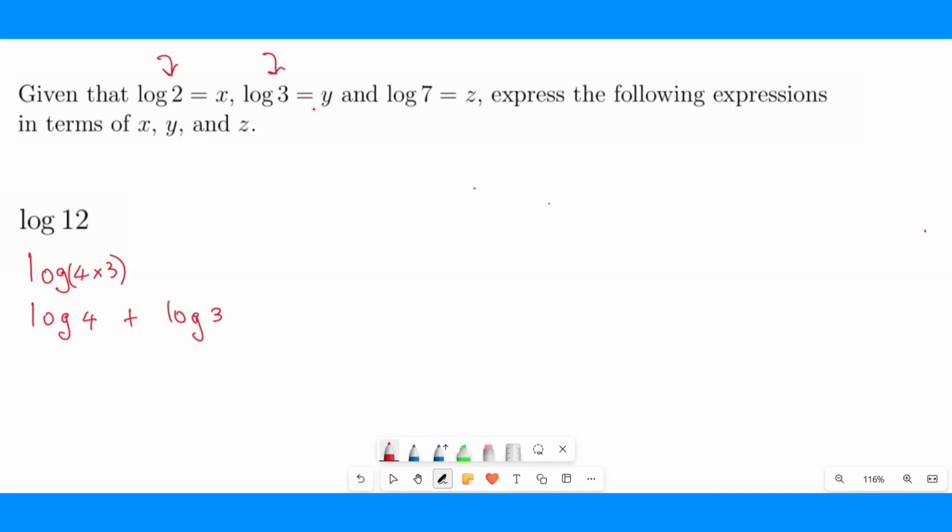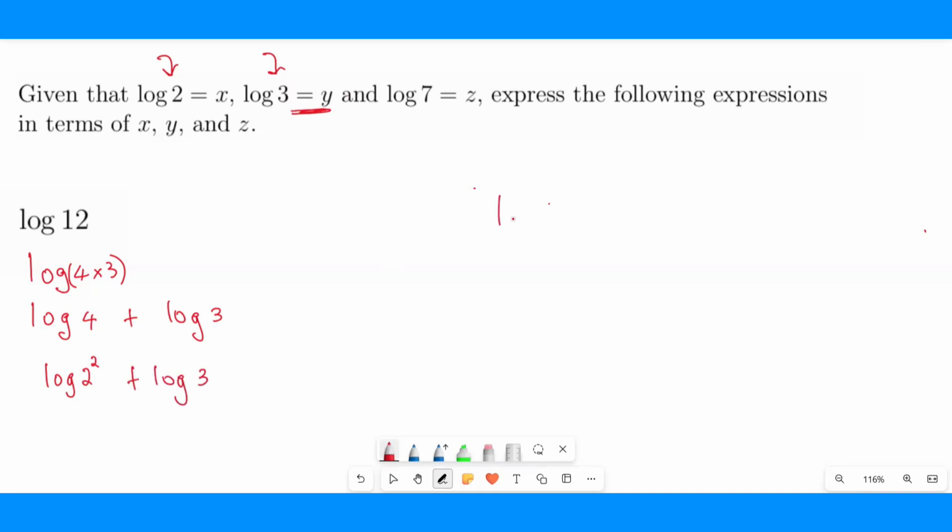All right. Now we already know that log 3 is y, but log 4 is not here. But we can represent log 4 as log of 2 to the second power, because 2 to the second power is 4, plus the log of 3.